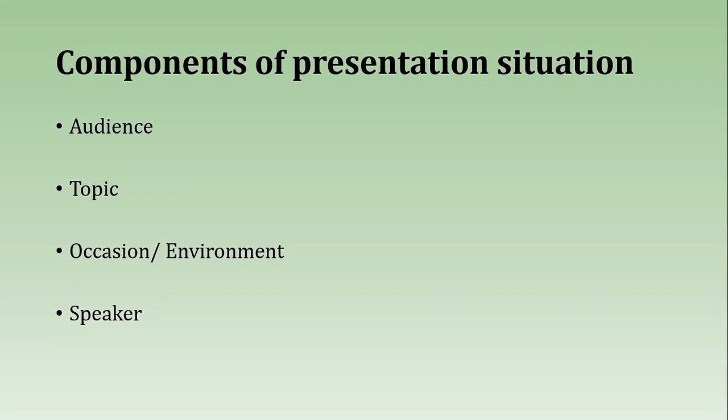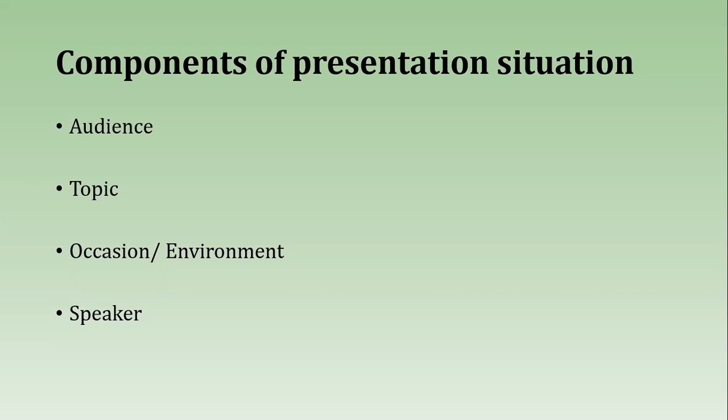So these are the components of a presentation. All of these are the basics. Without one component, it will not be a perfect presentation. Every one of these four components is important. A good audience is important. A good or relevant topic is important, and a perfect environment is important, and the speaker.